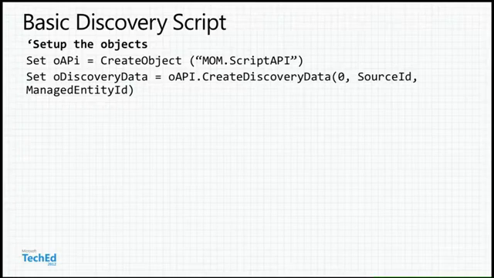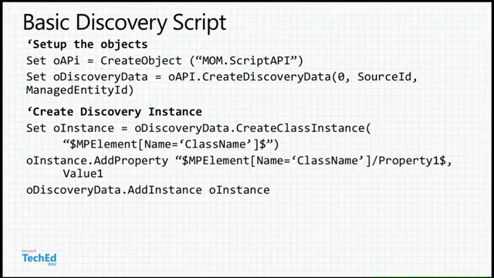Now, once I create these 2 objects, then I add my business logic. This is where I'm looking at log files, looking at INI files, querying databases, doing whatever I do to determine if the class exists. If the class exists, I create a class instance. So I use the discovery data object to create a class instance, and I replace class name with the ID value of the class.